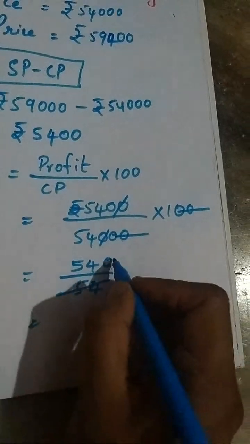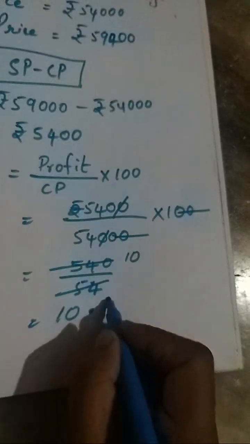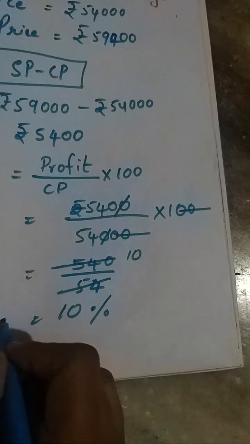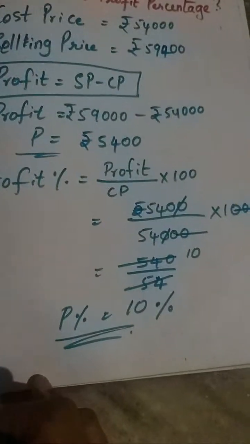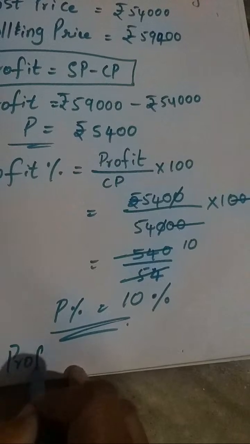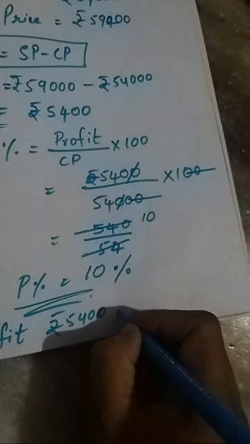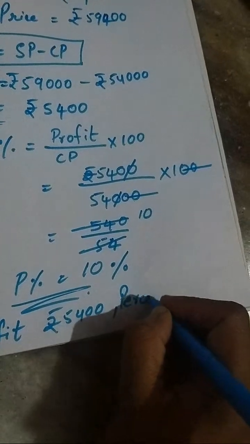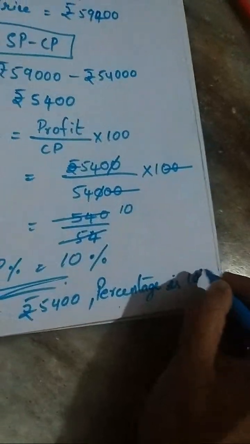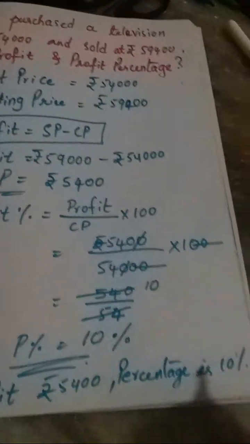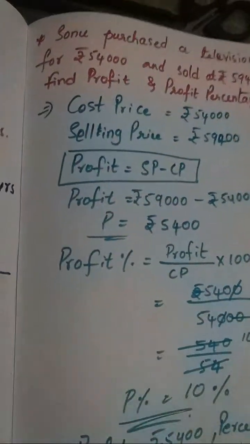Now 54 ones are 54, 54 tens are 540, and 10 is remaining, that is 10% is the profit percentage obtained. So he got a profit of rupees 5,400 and the profit percentage is 10%.